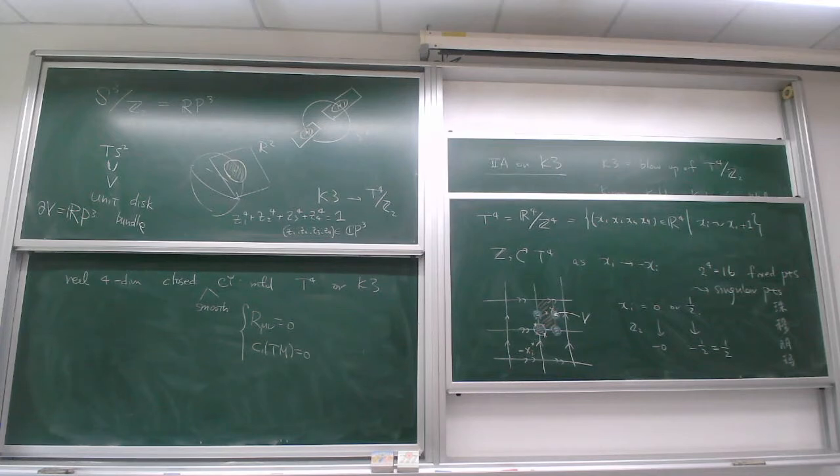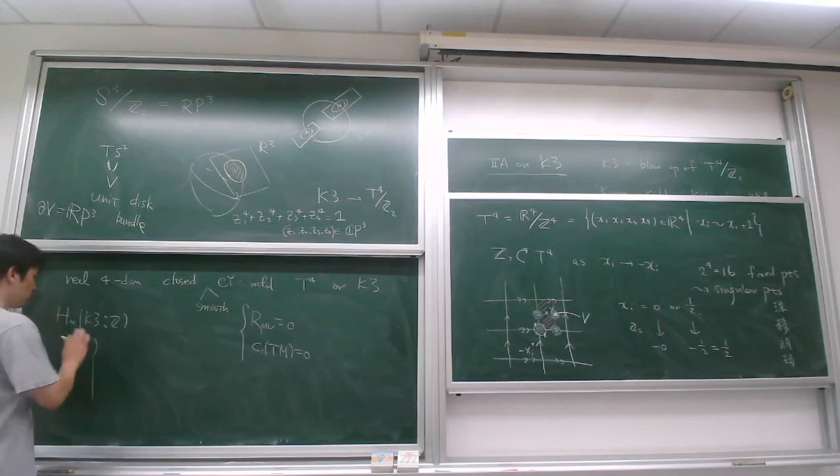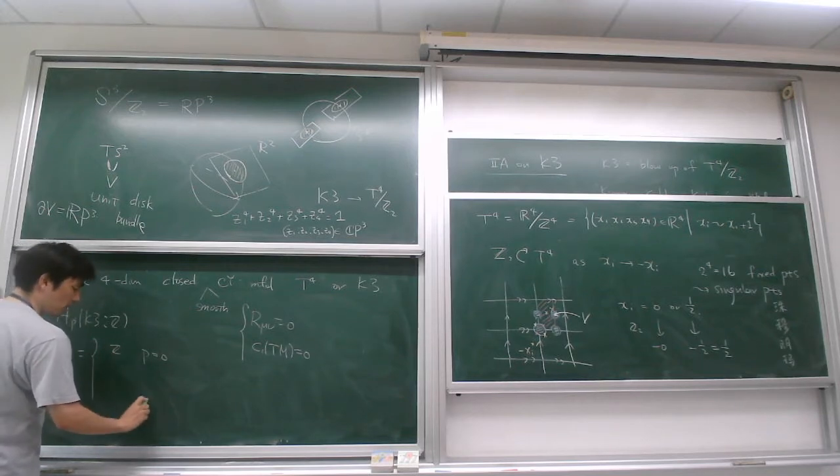Now, let's look at the topology of the K3 surface. So let's look at the homology groups of the K3 surface with Z coefficients. It's closed, so when p equals 0, and the Poincaré duality.